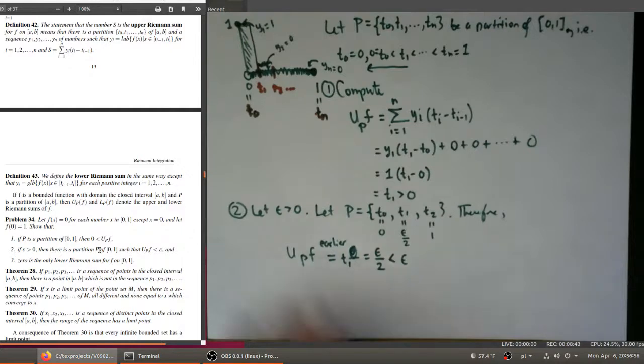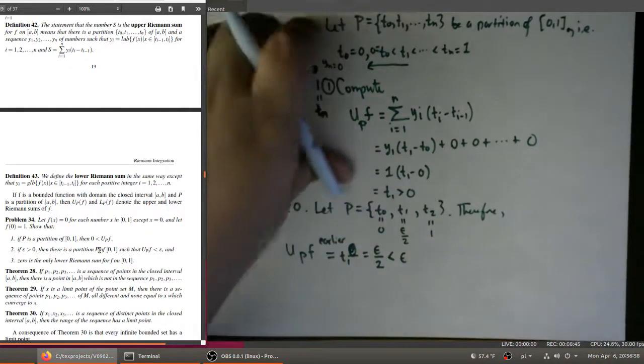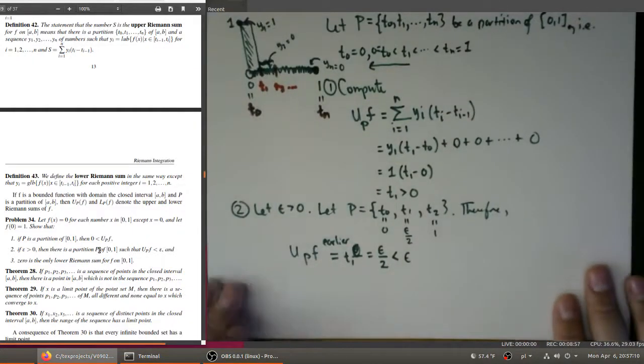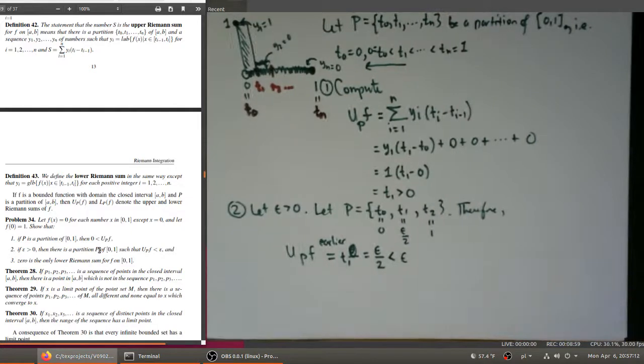Finally, for question 3. Question 3 is very similar to question 1. Maybe I can even fit it on the same page. Question 3 asked me to show that 0 is the only lower Riemann sum for F. And so what that means is that I'm able to always get the same Riemann sum for every partition.